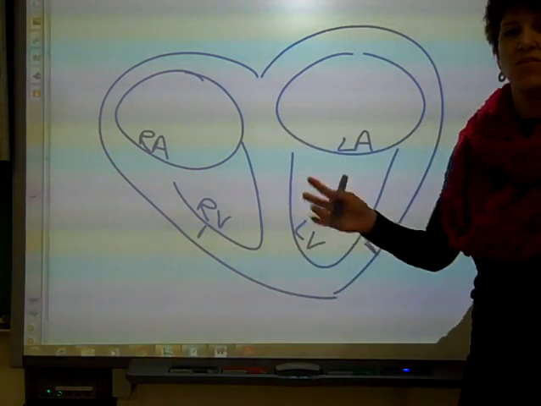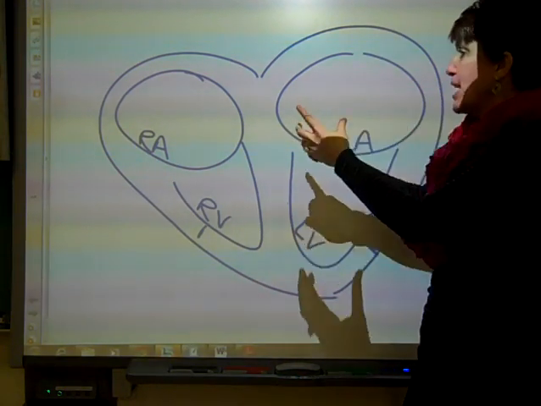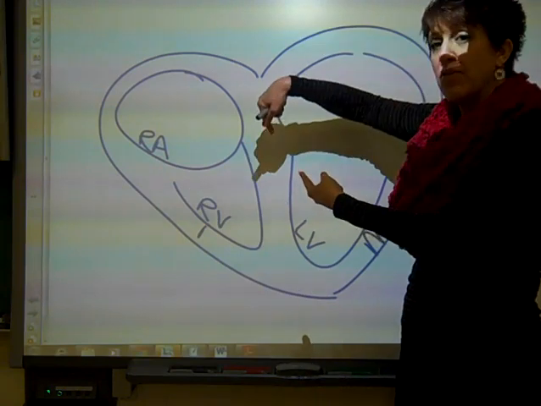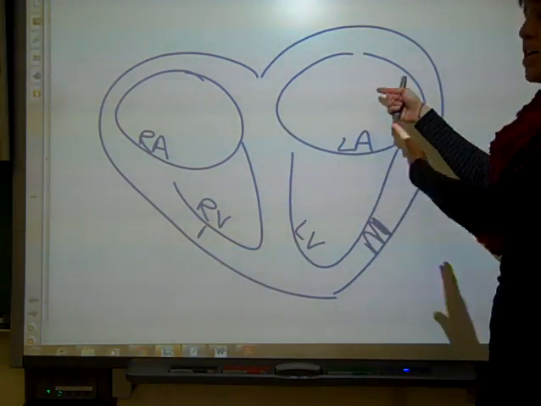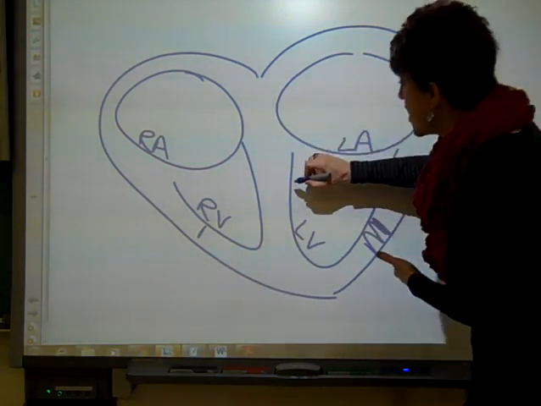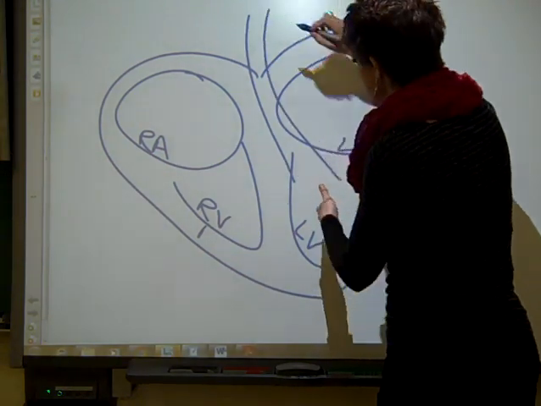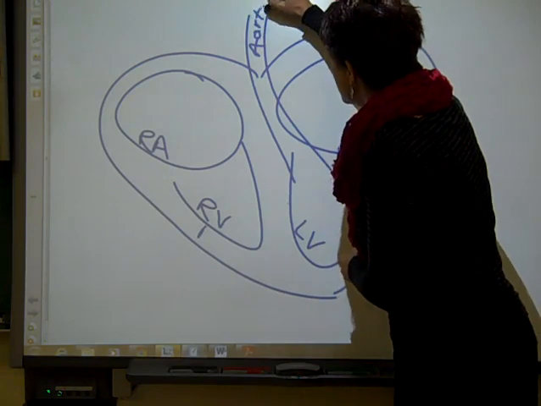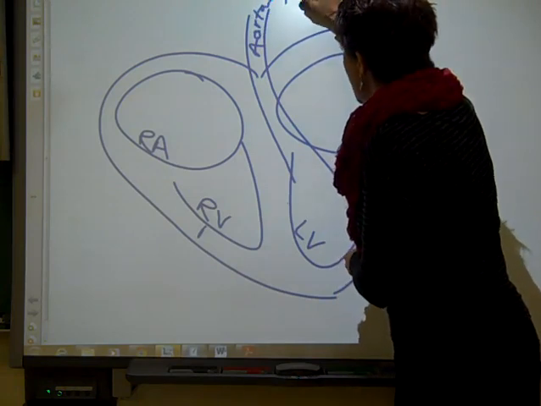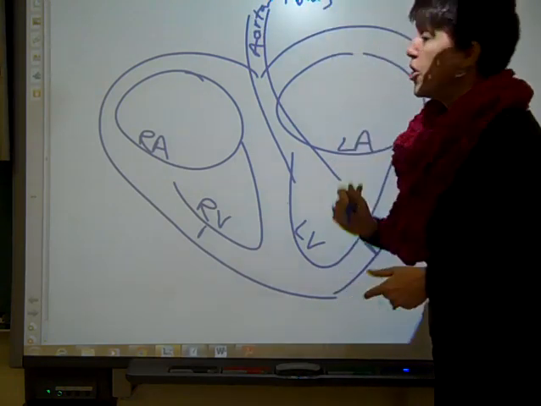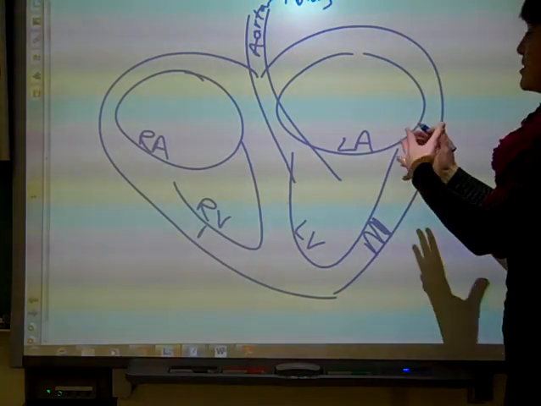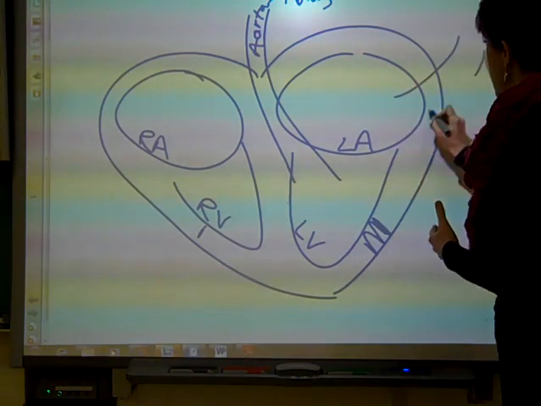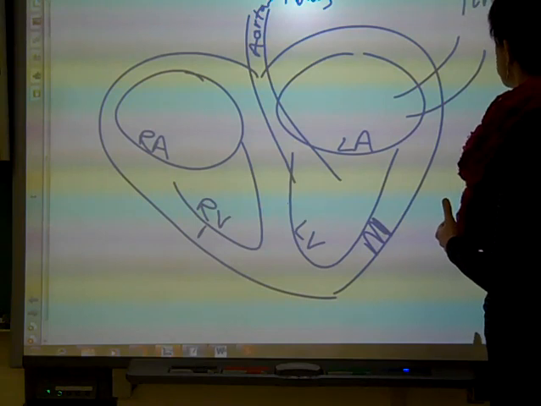Might sound gross, some of you love it. I put my finger right in it. So if you follow your finger down the aorta, you lead to the left ventricle and you'll find the left atrium. So I'm going to make a blood vessel going out of the left ventricle, and I'm going to label that the aorta, and I'm going to draw an arrow and write body. Your blood that comes into the left atrium is coming in from the lungs.